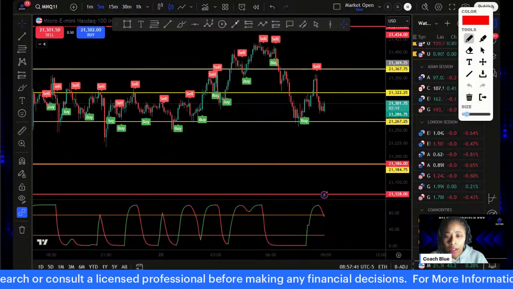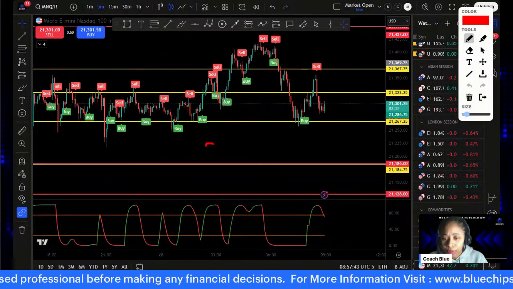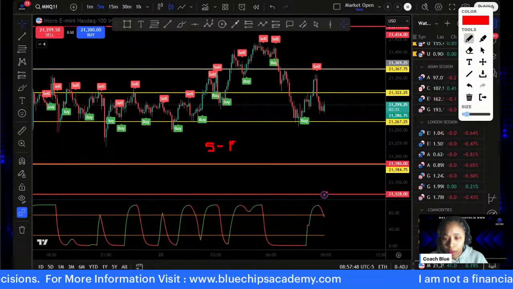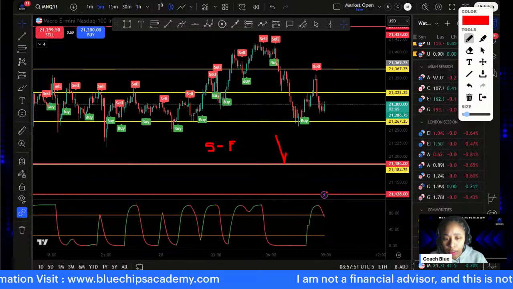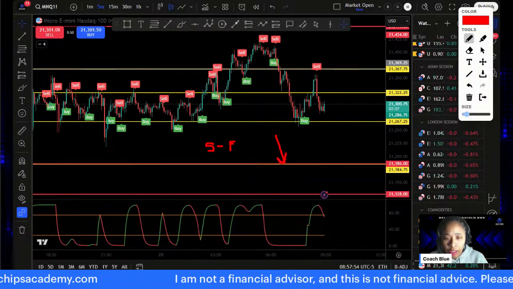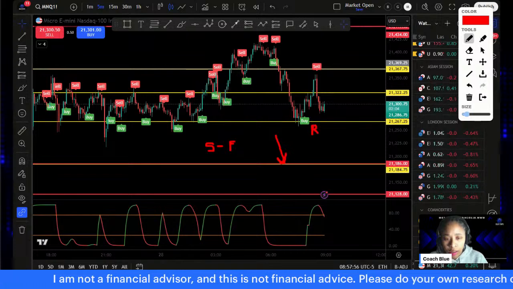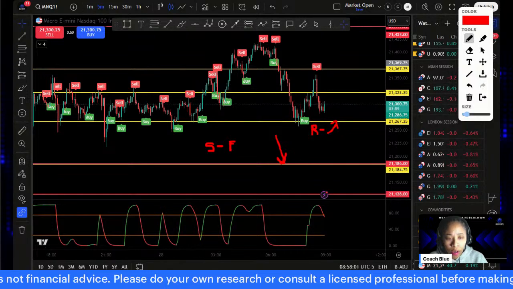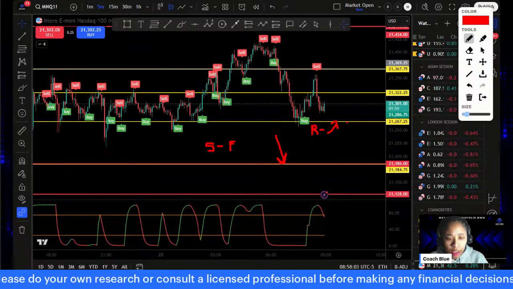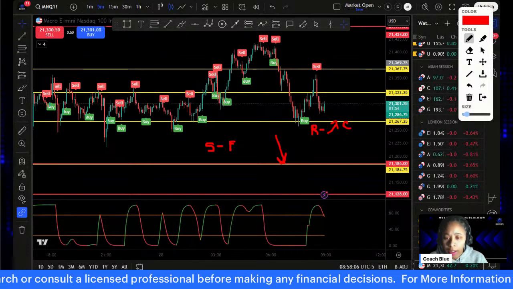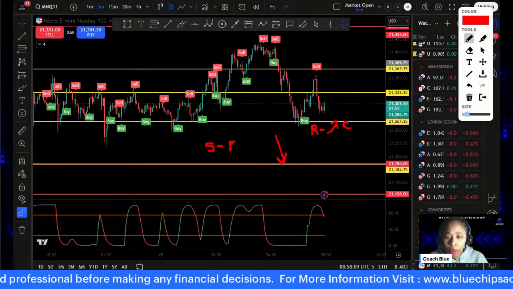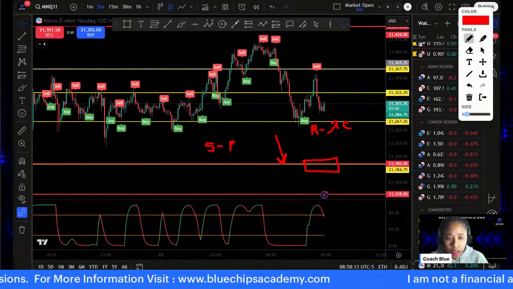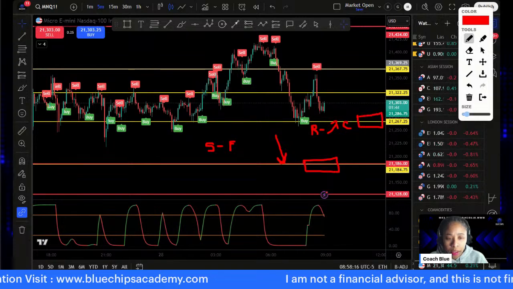Support, think of it as your floor. Resistance, also known as the supply zone, is your ceiling. Support is the floor, also known as demand. Resistance is your ceiling, also known as supply.